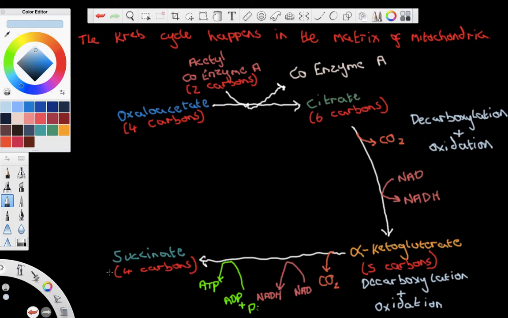Succinate is then turned into oxaloacetate through simple oxidation. Okay? So in a process of oxidation alone, we've got NAD becoming NADH.